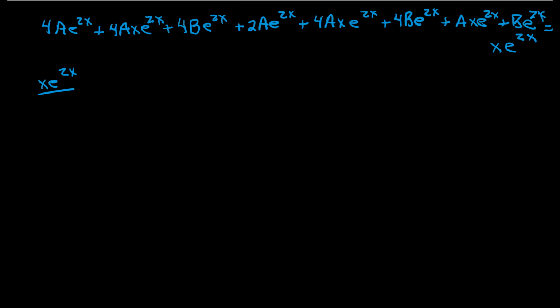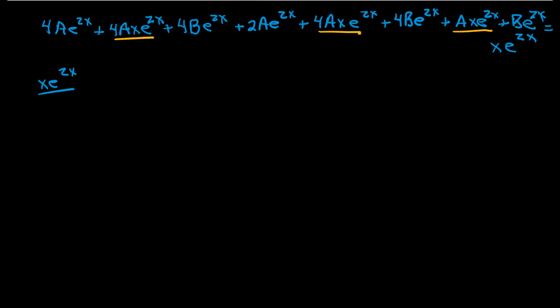And as I sort through here, the x e to the 2x terms are going to be this one. Let's see, we have an x e to the 2x there, and we have an x e to the 2x there, and I think that's about it.